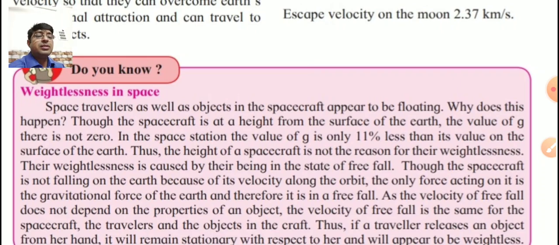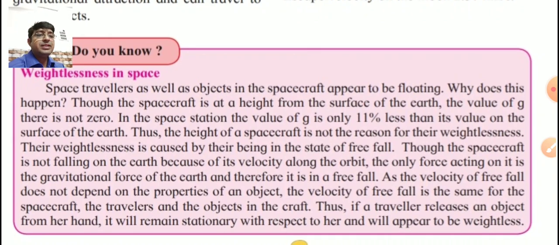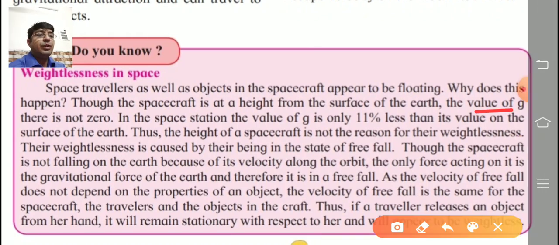Why does this happen? Check there. Though the spacecraft is at a height from the surface of the earth, the value of small g there is not 0. In the space station, the value of small g is only 11% less than its value on the surface of the earth.